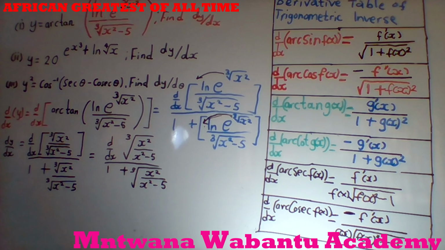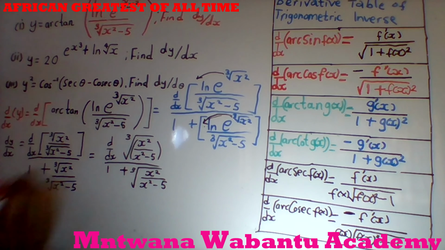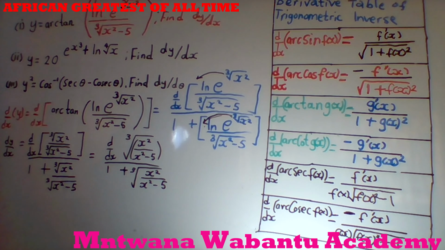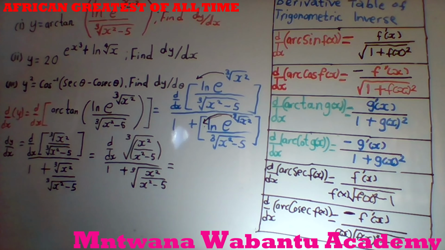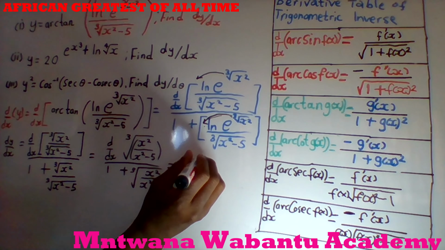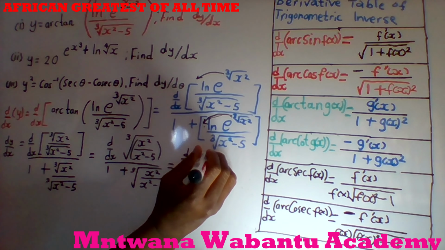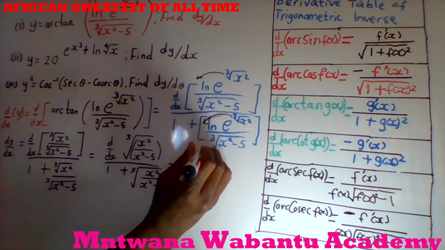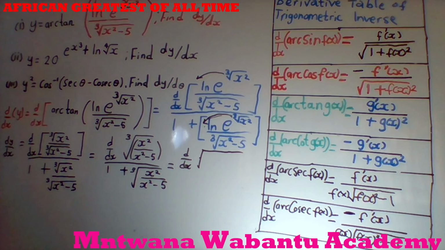So now if I differentiate the numerator, remember this is like one thing. So before I differentiate, let me write it as a power. We have to differentiate the numerator, which somebody could have done with the quotient rule, but I think I will do it this way, with the power rule.